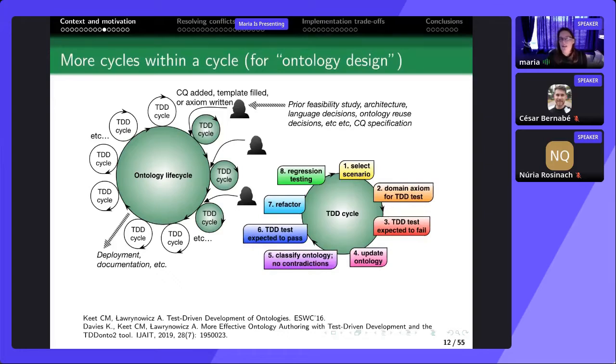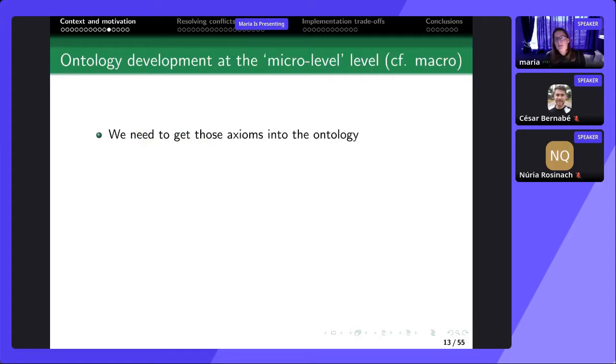You could take an engineering approach from software development. There is test-driven development, and from that, you could do something similar for the axioms on how to get the knowledge exactly into your ontology. Which brings me to the question then, okay, how do we get those axioms in the ontology, and what about that?